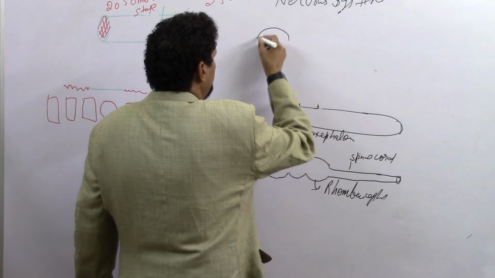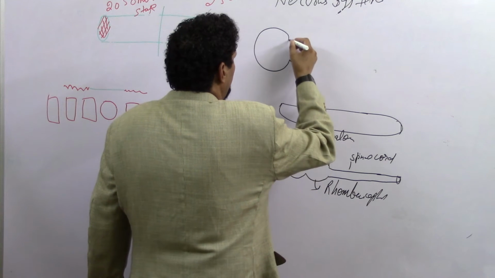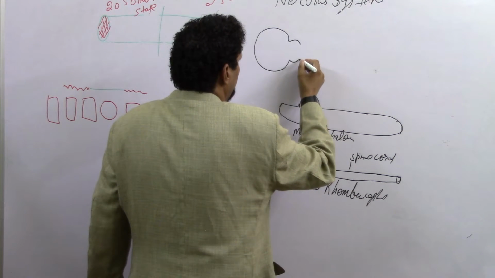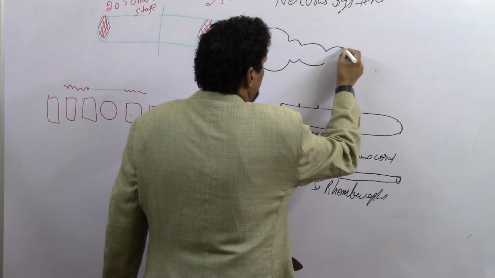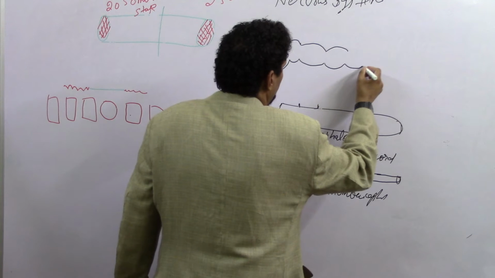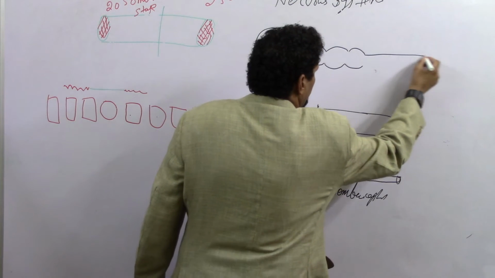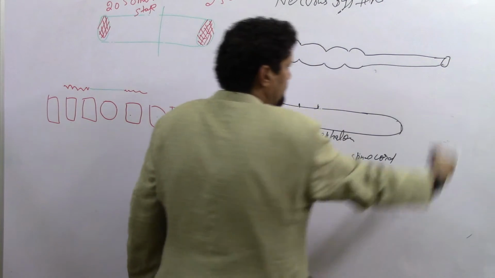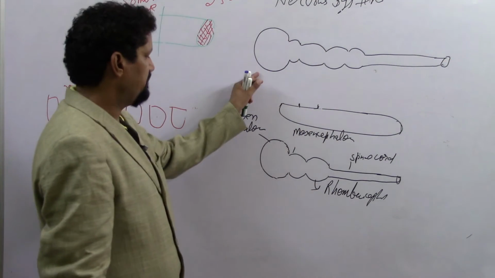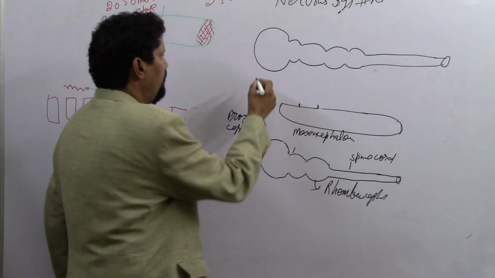So here are more dilatations or vesicles, and a long spinal cord.